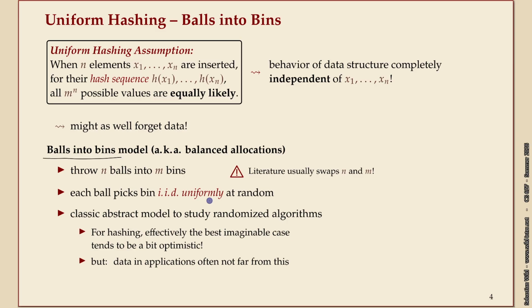Because we have this uniform hashing assumption, ball i, whichever one it is, independently of all the other balls, finds its bin uniformly at random. So if you wanted, you could give the bin of the ith ball a name.